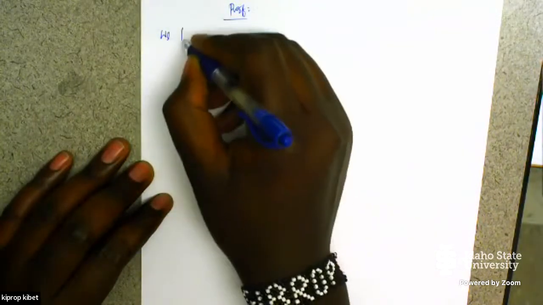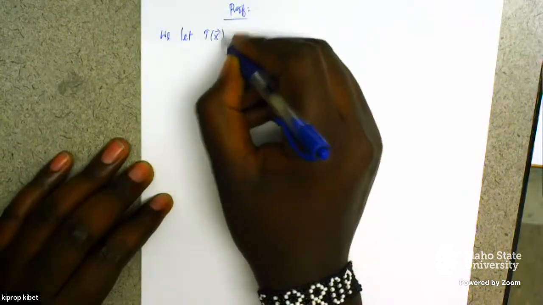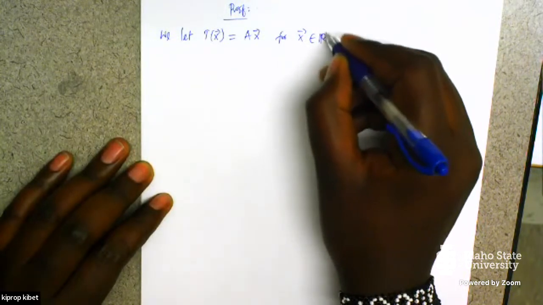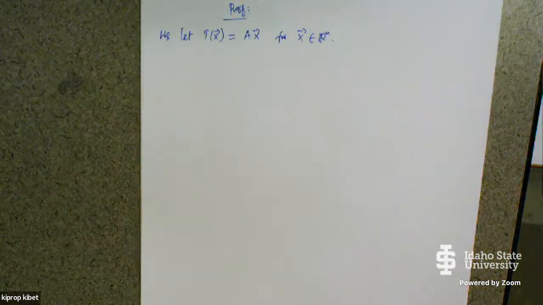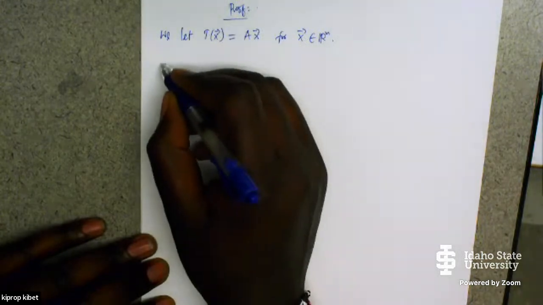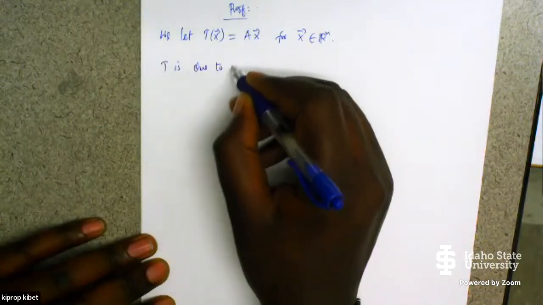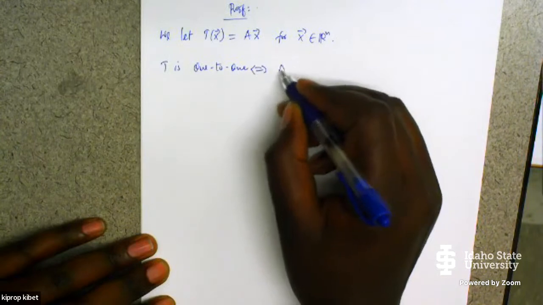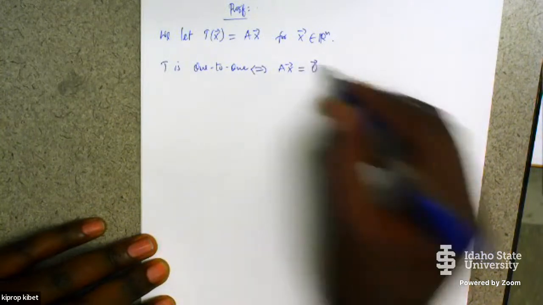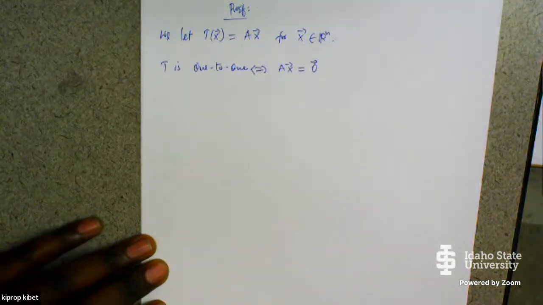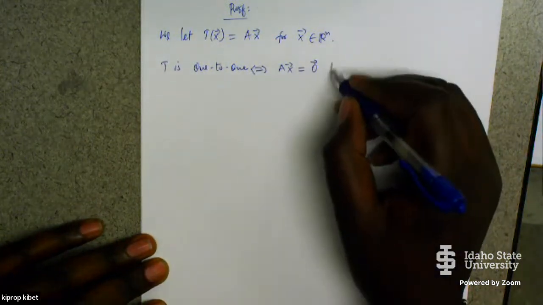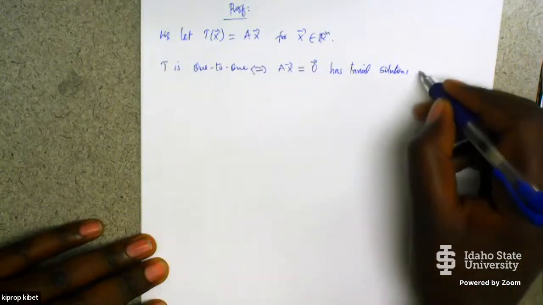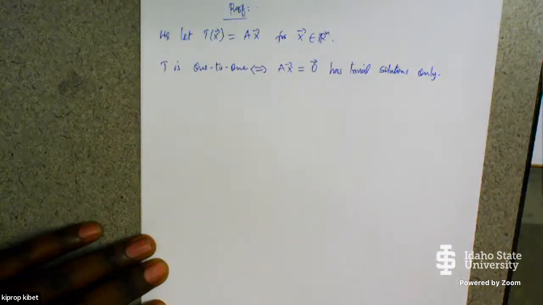If we let T of x be equal to Ax for x in Rn, then T is 1 to 1 if and only if Ax equals 0 has trivial solutions only.